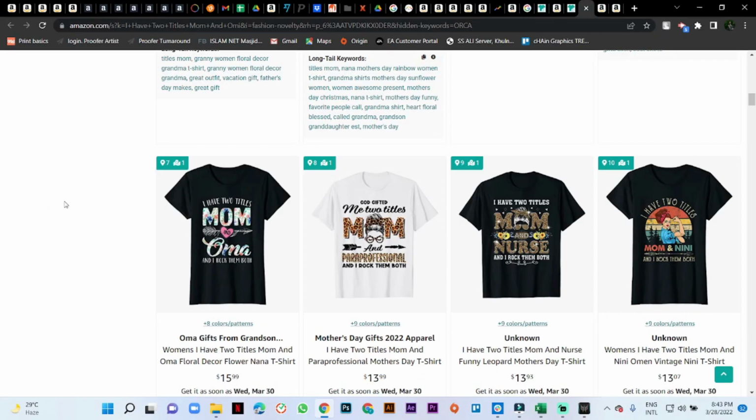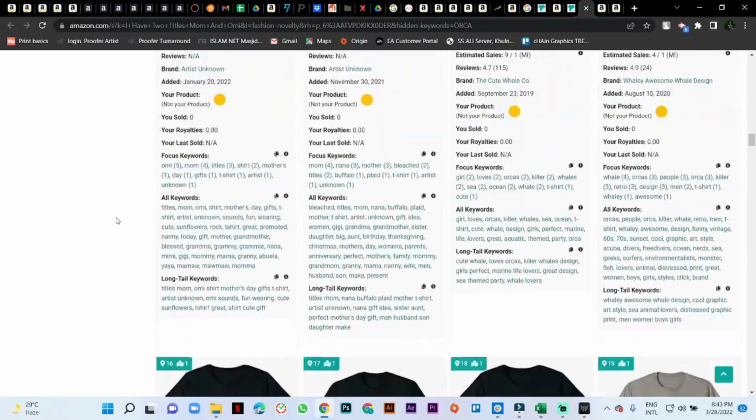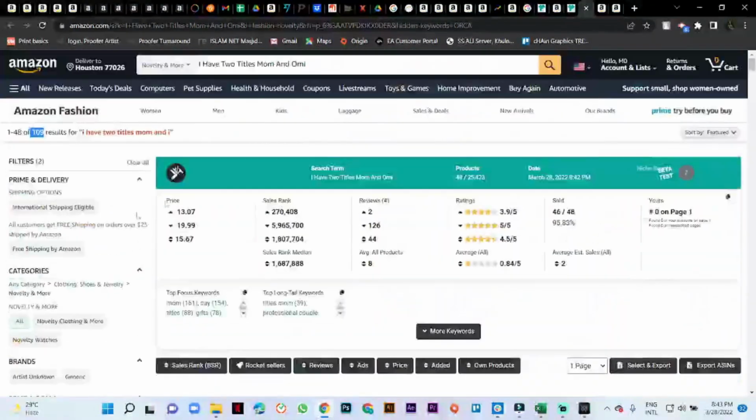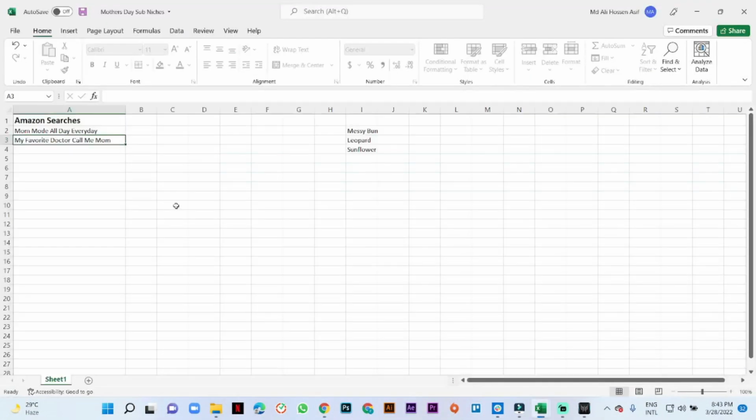You can just have one design that is for I have two titles, mom and dash. In the dash, you will put Oma, nurse, Mini, papa professional, grandma, grandmother, whatever you feel. Just scale it up, right? So this is something for scale up, and let's keep this in our bucket.